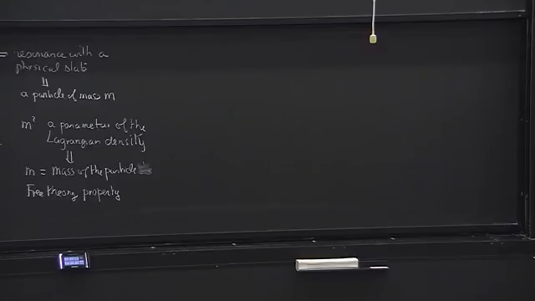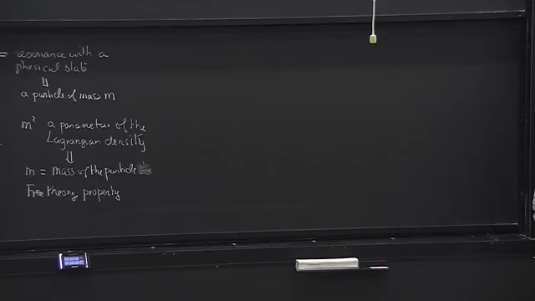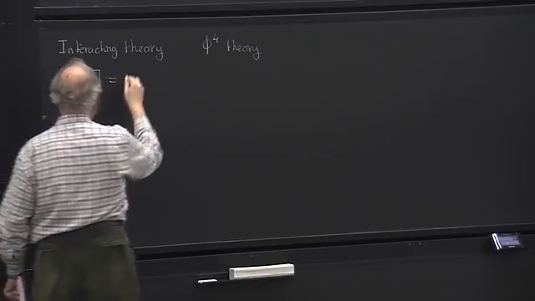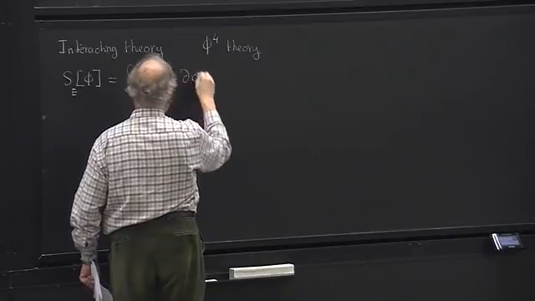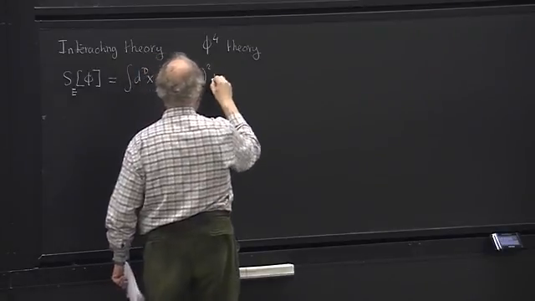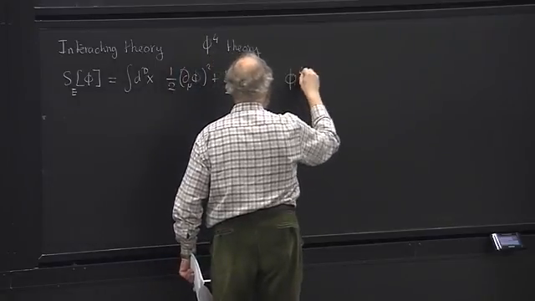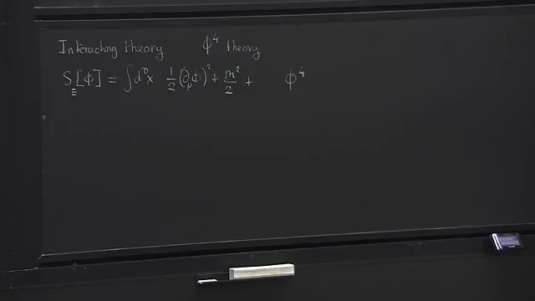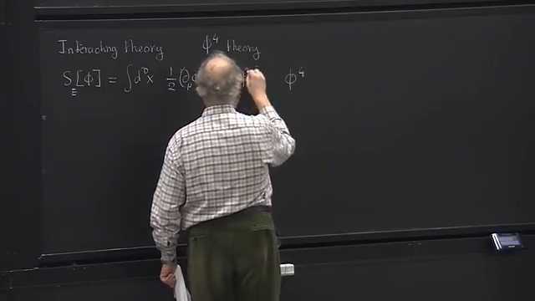And this phi-4 theory is described by the following Lagrangian. Let me write it in the Euclidean case first. We add to the action of the free theory an interaction term, nonlinear, involving the fourth power of phi.